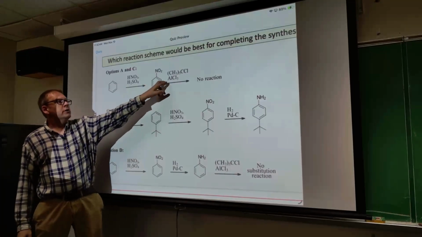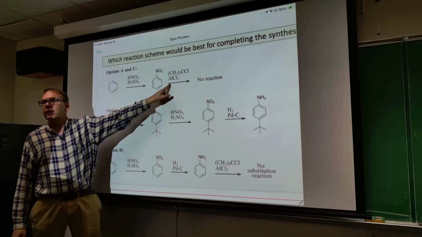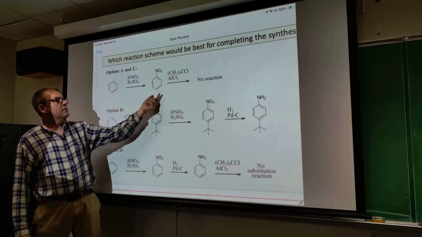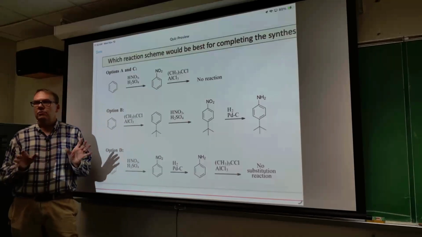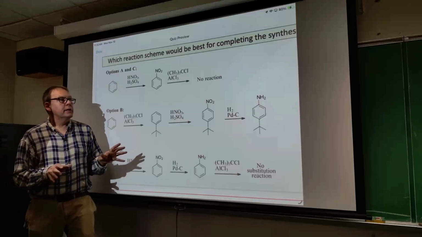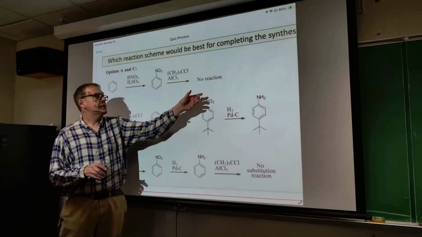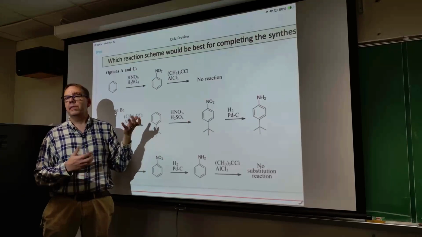But then all your efforts to put a carbon group on via Friedel-Crafts alkylation would fail because this reaction doesn't work with strongly deactivated rings. So don't start with a strongly deactivated ring. It doesn't matter what you would try to do in the next step. I mean, you could reduce this to an NH2, but that would still be a problem.